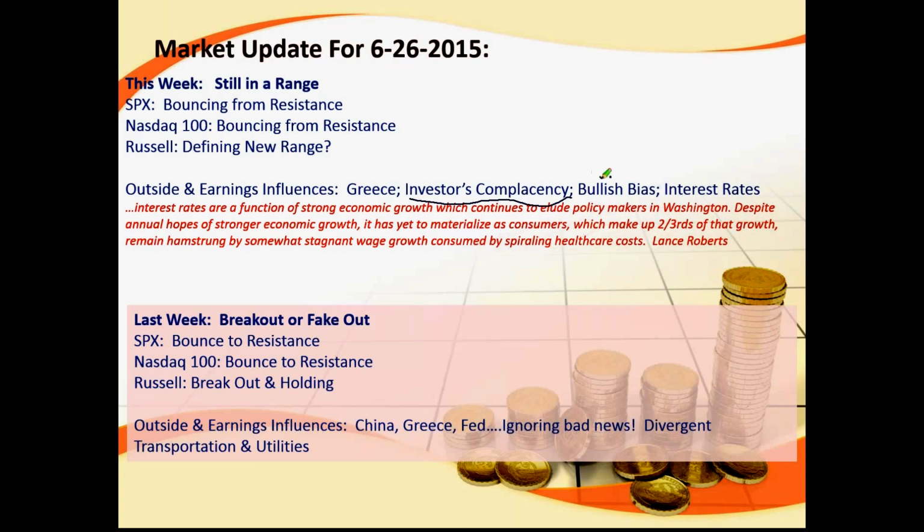So there's clearly a bullish bias, but it's almost as if nobody can do anything that's discouraging the investors from jumping on board. And the bull market's been going on for, depending on when you start it, somewhere between 6.5 to 7+ years.